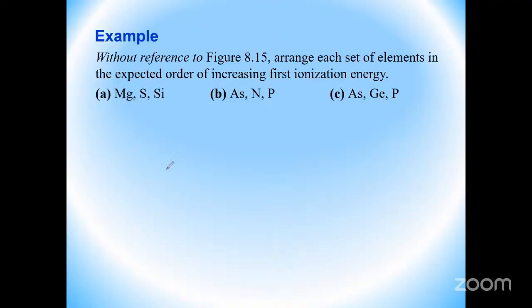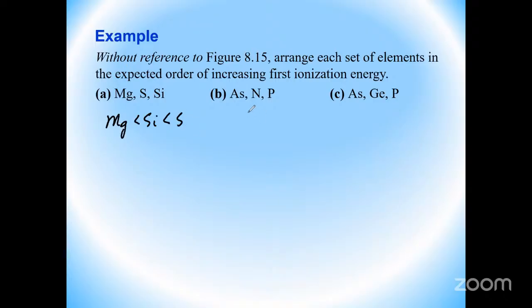Which one of these would you expect to have the lowest first ionization energy? They're all in the same period. And what did we say about the period in terms of the first ionization energy? As you go from left to right, what happens? It increases, right? So which of these 3 would you expect to have the lowest? Magnesium would be the lowest, followed by silicon and then sulfur.